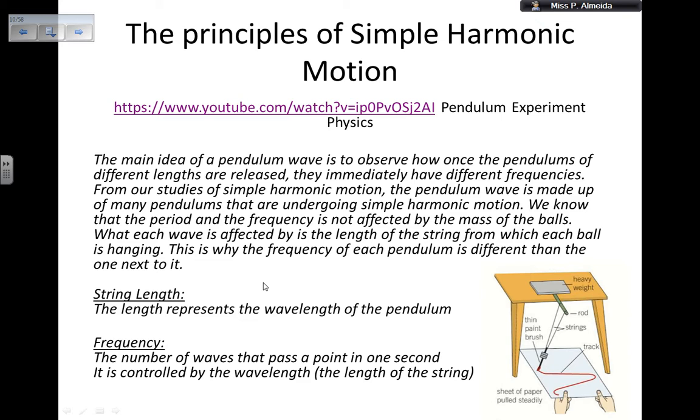In this case, the wavelength is the length of the string. So what I'm saying so far is that if you have a different length of the string, then the frequency of the oscillations for your simple harmonic motion is going to differ as well, okay? So that's going to be very visual in that video.